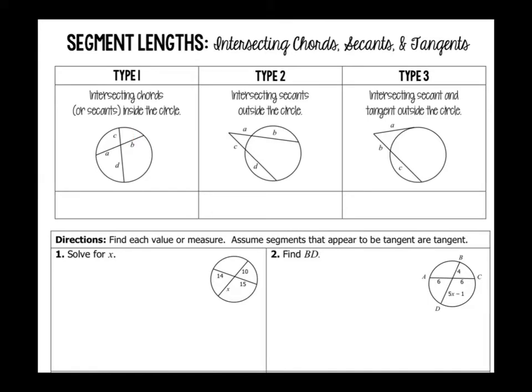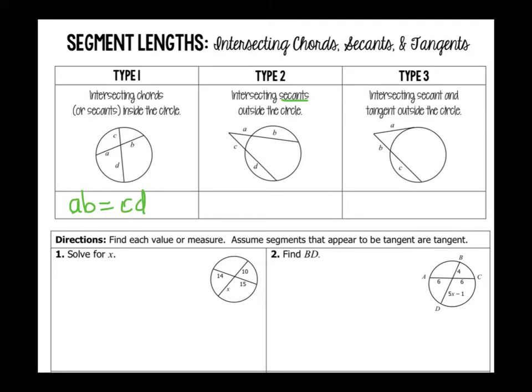In this first one, when they intersect inside the circle, the equation is going to be A times B equals C times D. In the second one, they intersect outside the circle, so it's an intersecting secant outside the circle.